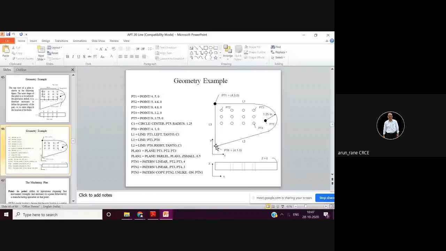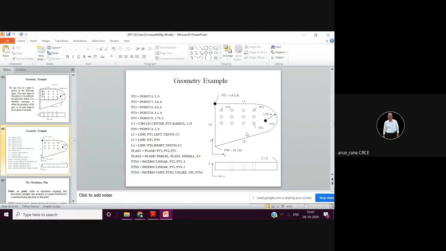Then L1. So you will understand why we have defined point 6. Now L1, how is it defined? It is a line passing through point P1. Now there can be an infinite number of lines passing through point P1, so we need to constrain it.